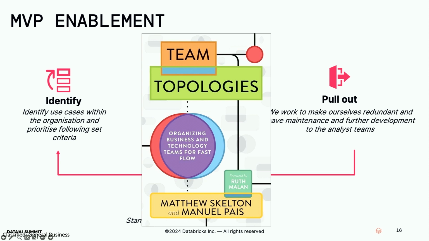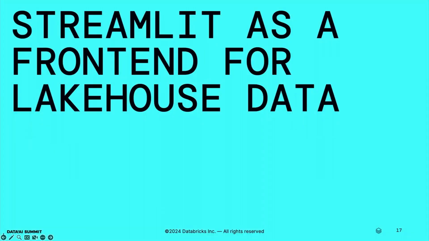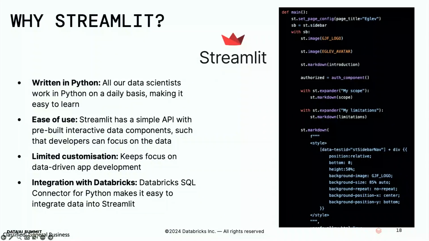If we want to develop one that uses large language models, then we probably want to develop a chatbot. To be able to do that, we need a front-end solution that's very easy to use and very easy for analysts, for example, to develop. So we use Streamlit as a front end for our lakehouse data. Why is that the case?